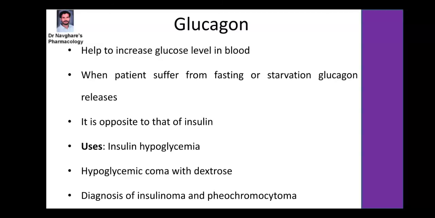Glucagon is released in fasting or starvation conditions. Its use is in insulin hypoglycemia or hypoglycemic coma, where it can be given with dextrose. Also, glucagon is used as a diagnostic agent for identification of insulinoma and pheochromocytoma.